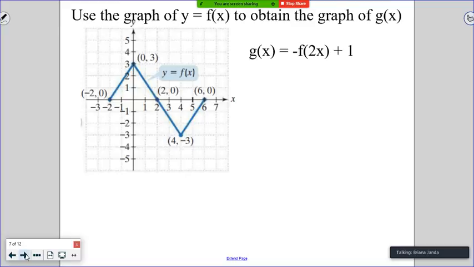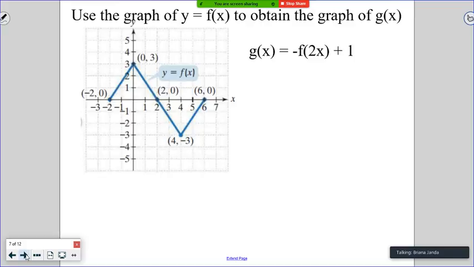The generic functions that do not use our parent functions is not new to us. We've now seen this kind of throughout. But I will tell you, as you have multiple transformations to apply, especially if it involves ROXs or vertical and horizontal stretches and shrinks, I would translate the picture into a table and then treat it just like every other table from our parent functions that we have used.